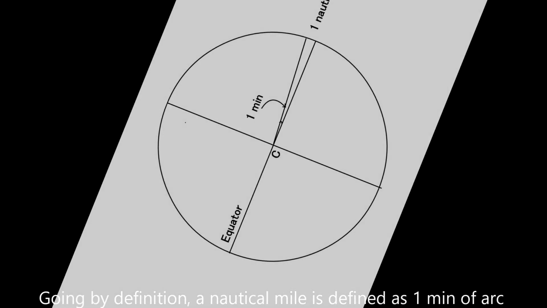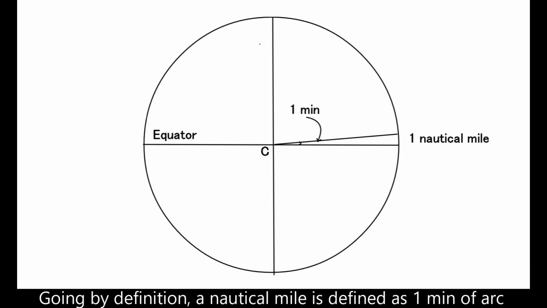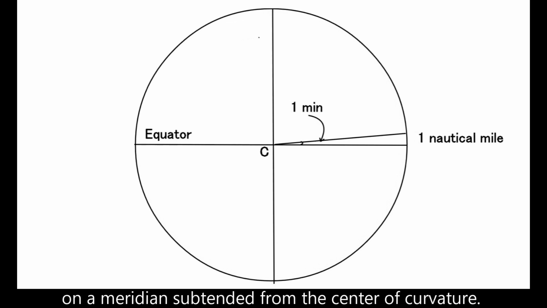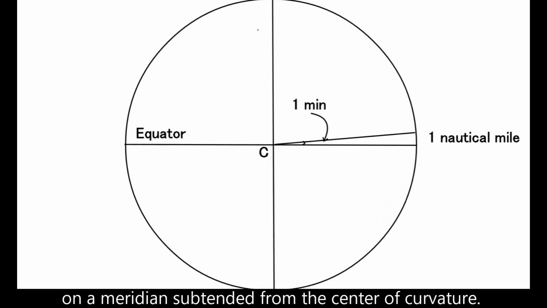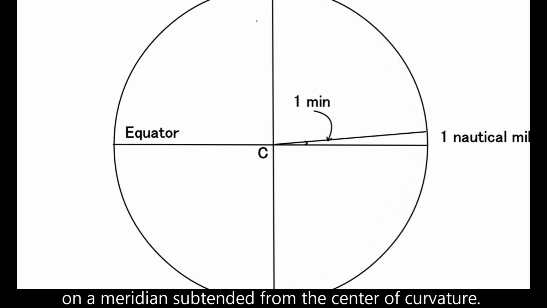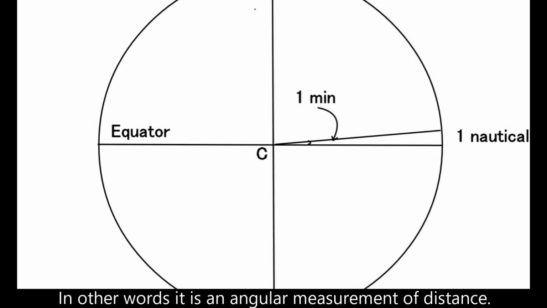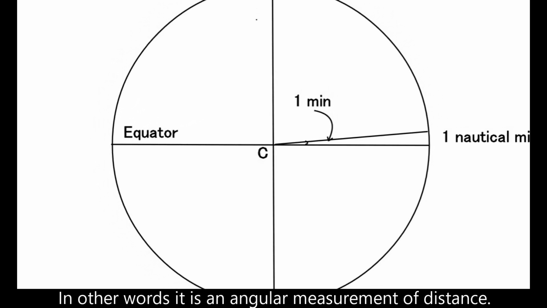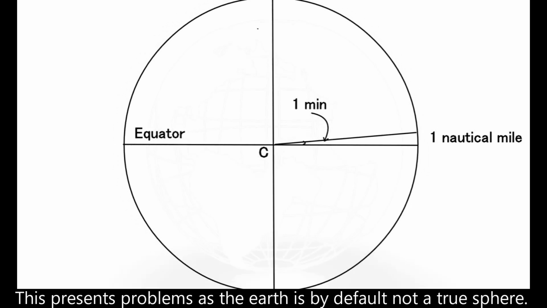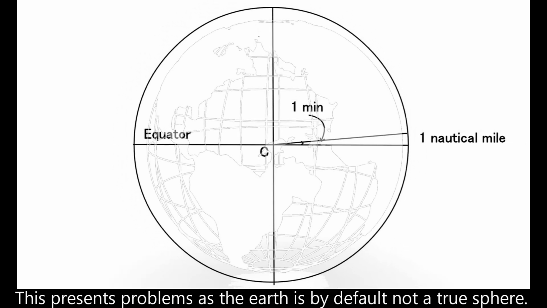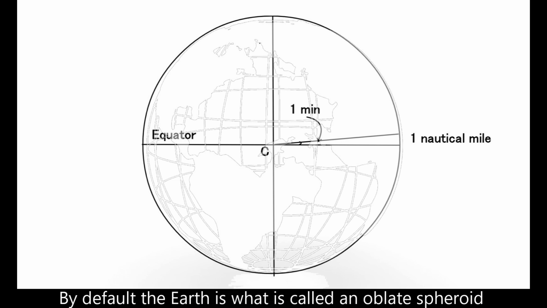Going by definition, a nautical mile is defined as 1 minute of arc on a meridian subtended from the center of curvature. In other words, it is an angular measurement of distance. This presents problems as the Earth is by default not a true sphere.